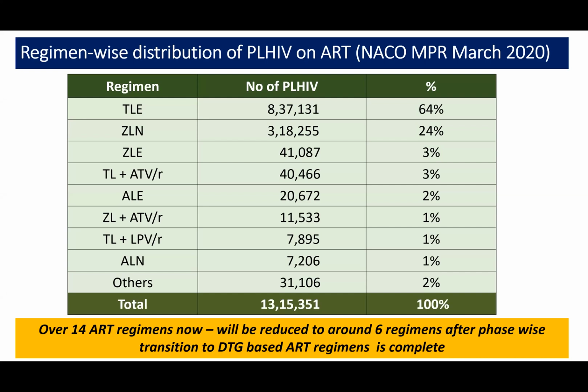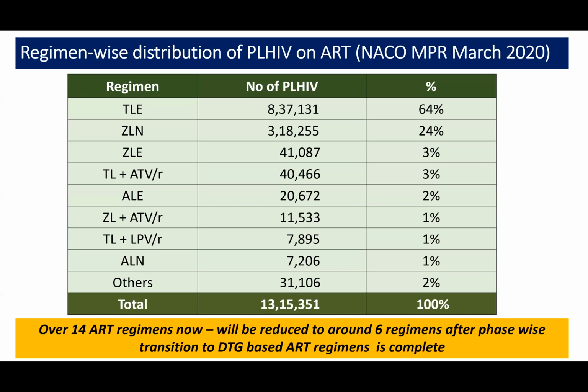But because now we have stocks of all the drugs, which is being closely monitored by NACO and state AIDS control societies, all this stepwise transition plan is being implemented. In the first phase of the plan, it was clearly said that the individual DTG tablet which was received at ART centers needs to be used for the patients who are already on dolutegravir as alternate second line or third line.